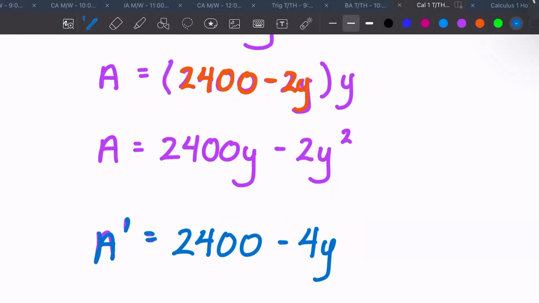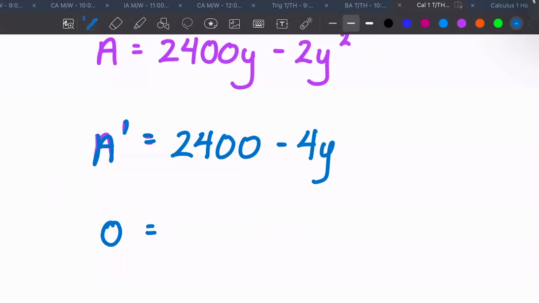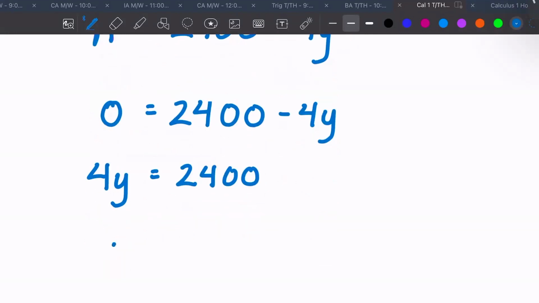Then we're going to set our derivative equal to 0 and solve. So you would add 4y to both sides, divide by 4, and y equals 600.